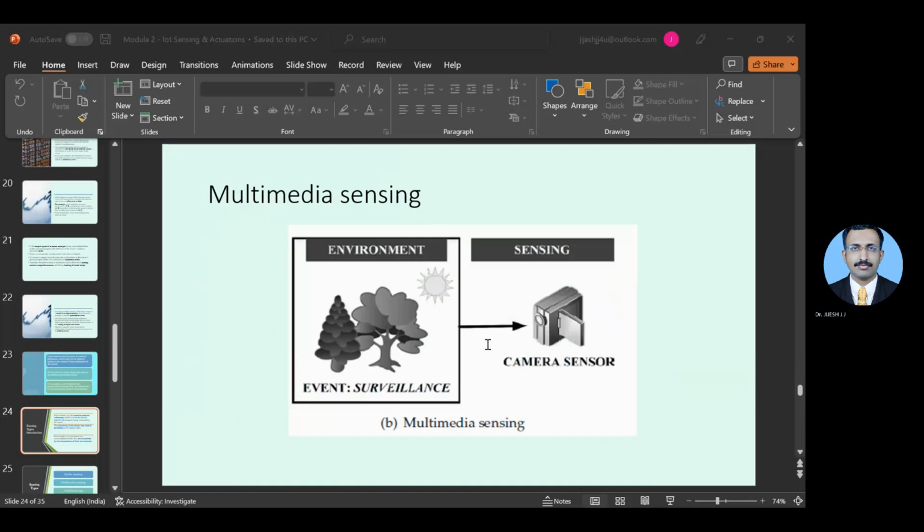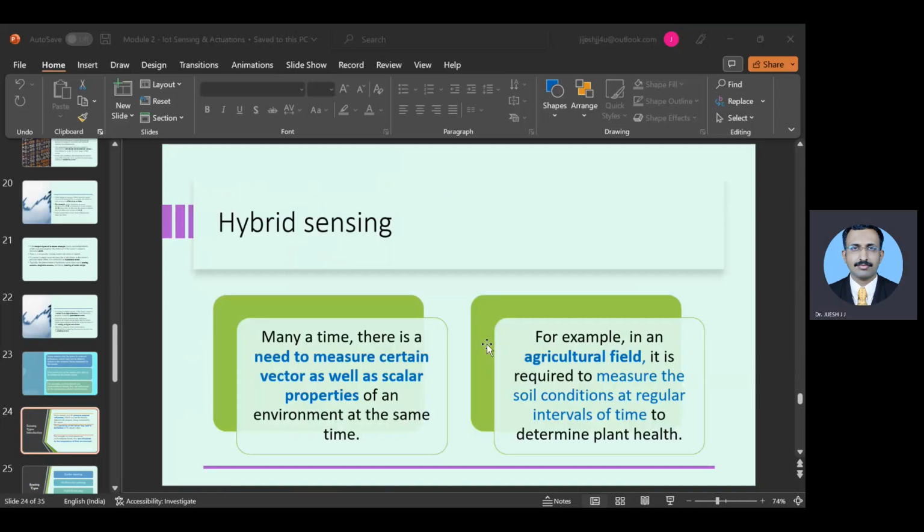So camera sensors can be used to monitor the environment, like surveillance and all those applications which come under multimedia sensing. Then what is the next one?